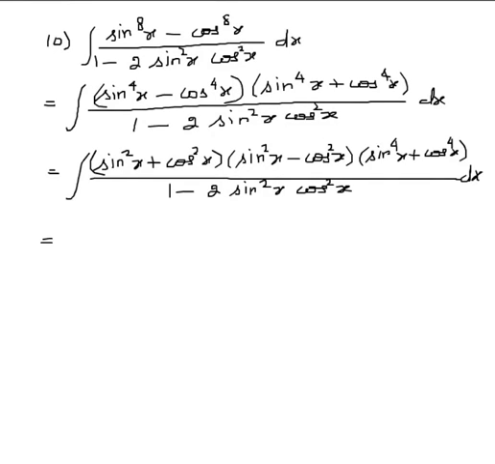The identity sin square x plus cos square x is 1.